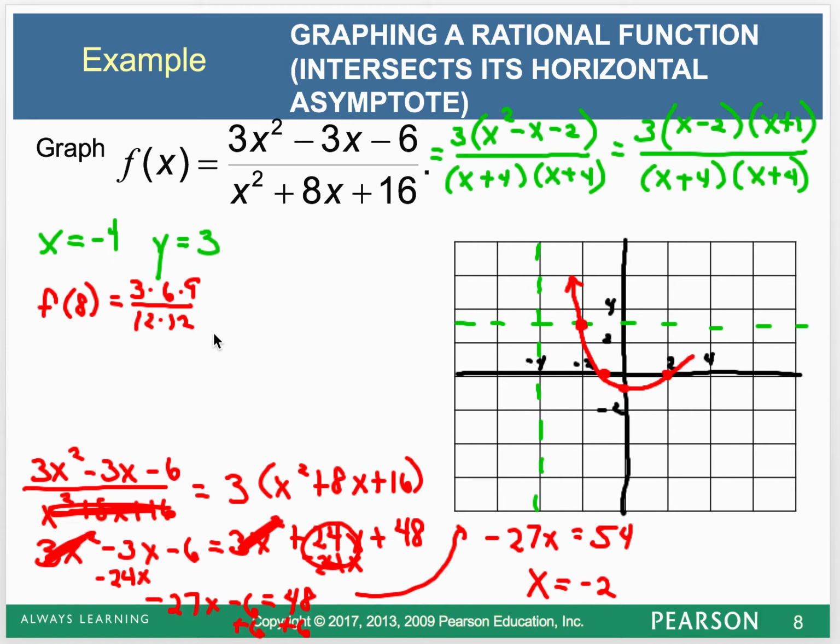Now we could do that math, or we could simplify it a little bit and let that be a 2. And then also this 12 and that 3. So what do we have there? 9 eighths, or 1 and 1/8. So at 8, there's 1 and 1/8. So it's getting closer and closer and closer.